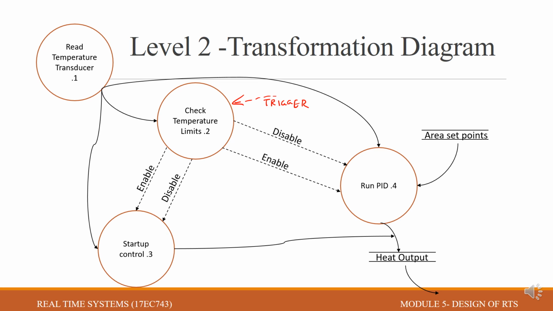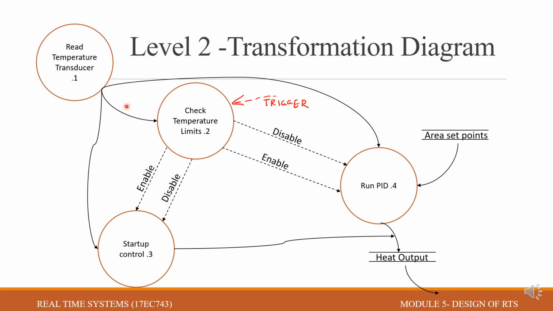The transformations present in level 2 are numbered with a full stop followed by a number, which indicates identification. So each will have an identification. To segregate whether it is level 1 or level 2, the numbering is made after a dot, like .1, .2, .3 and .4, whereas in level 1 it was just 1, 2, 3 and 4.